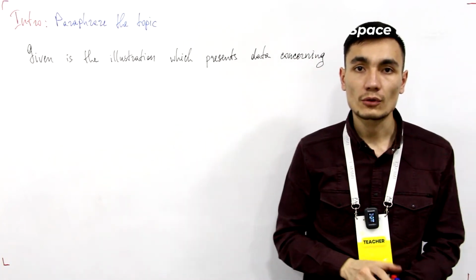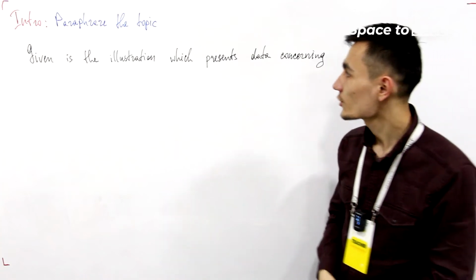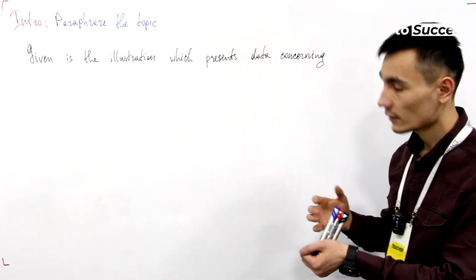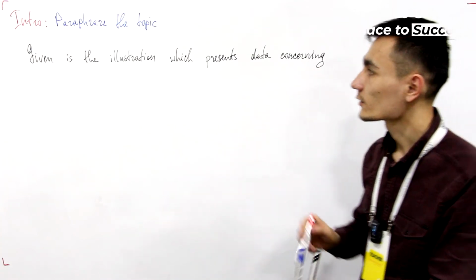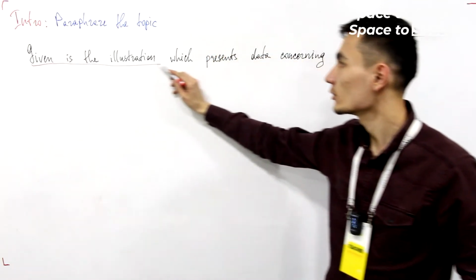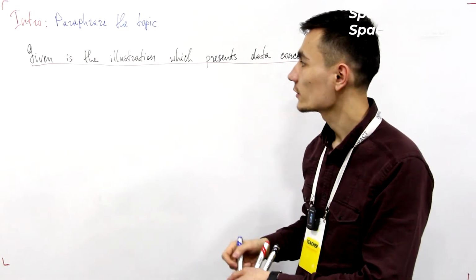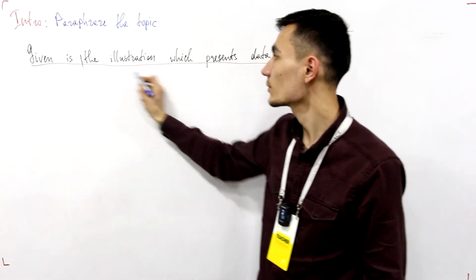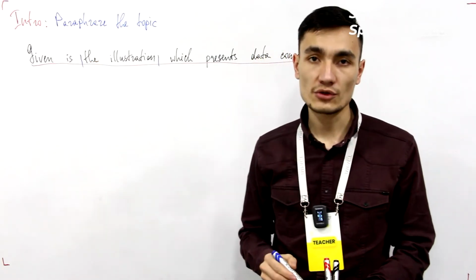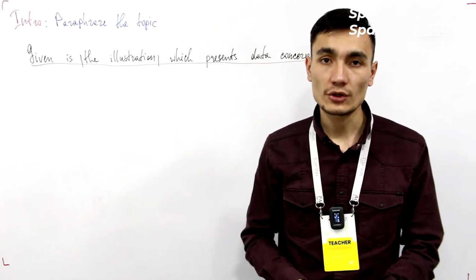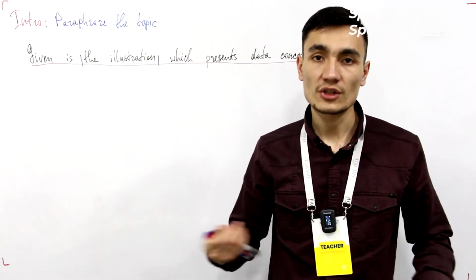And as you see, we wrote "given is the illustration which presents data concerning." The structure is basically the same that we use in our other Task 1 structures. The only thing that changes is the word illustration, because we are given the picture that we have to describe. And here we have to continue with the changes.